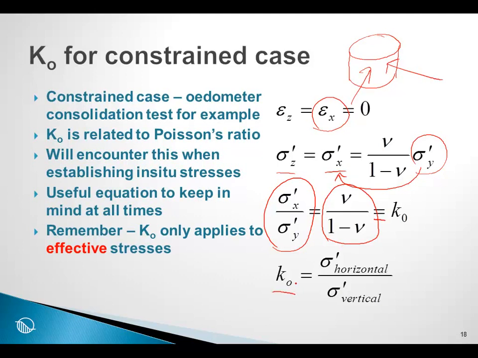K0 is defined as the effective horizontal stress divided by the effective vertical stress. We will encounter this when establishing in situ stresses. It is a very useful equation to keep in mind while using SIGMA/W.